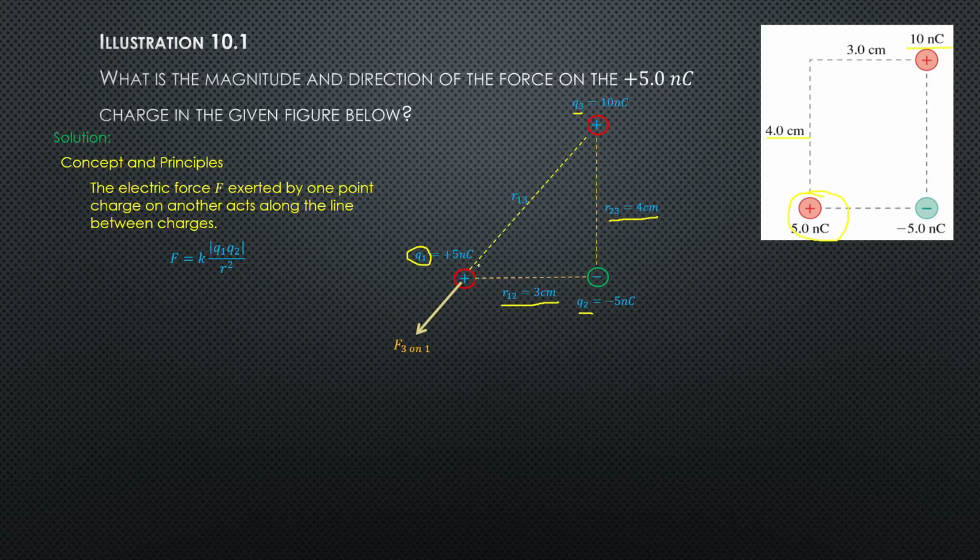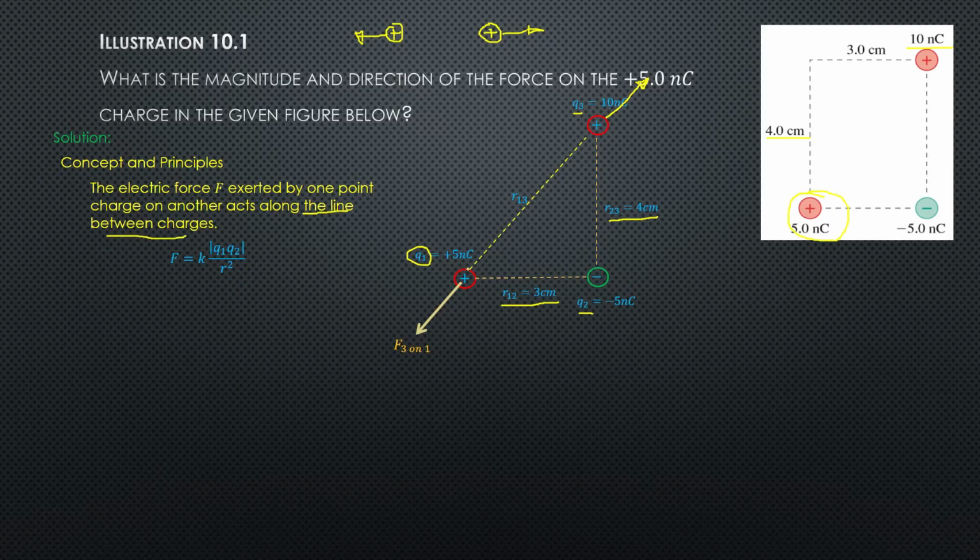Based on the definition or the notes that we have, charges of the same sign repel, that is, positive and positive charges repel each other. So there is a force here along the straight line between the charges.